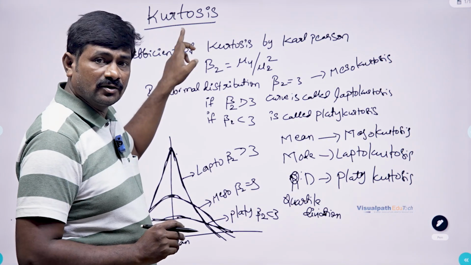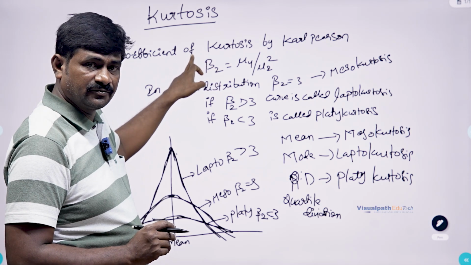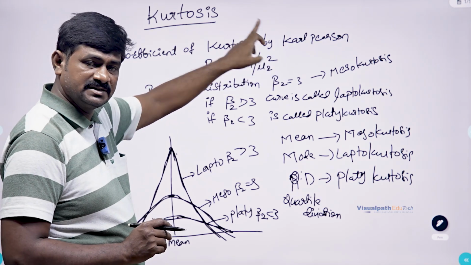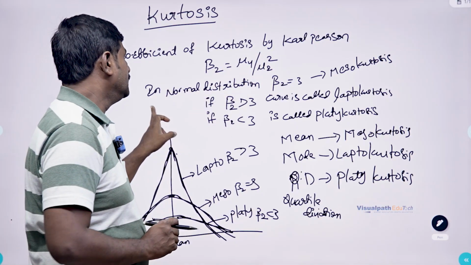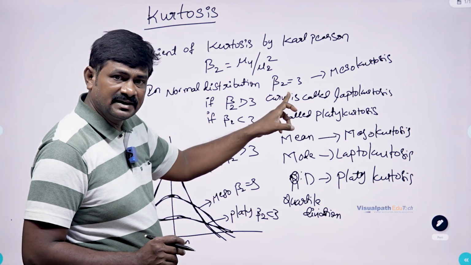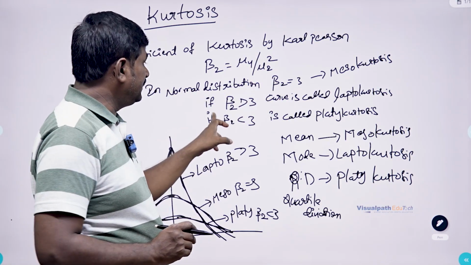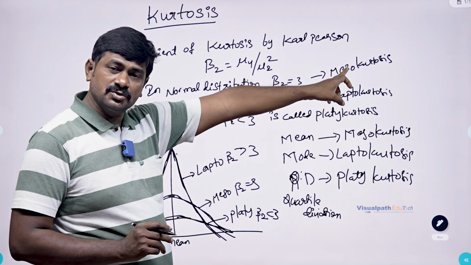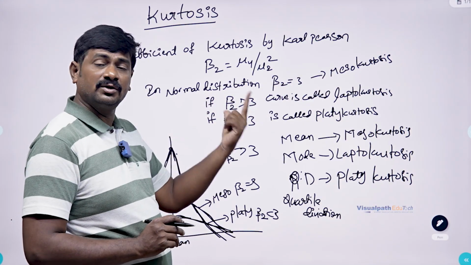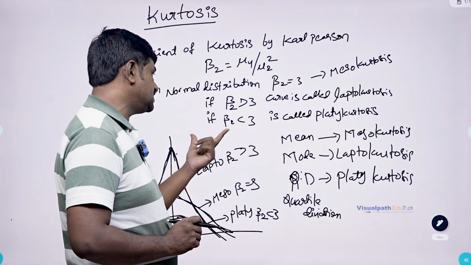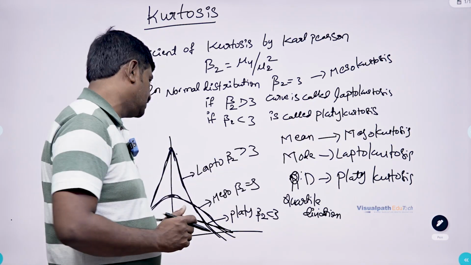Here, the coefficient of kurtosis given by Karl Pearson is beta 2 equals mu 4 by mu 2 square. In a normal distribution, beta 2 takes the value 3, which is called mesokurtosis. If the frequency distribution has beta 2 more than 3, it is called leptokurtosis, and if beta 2 is less than 3, it is called platykurtosis.